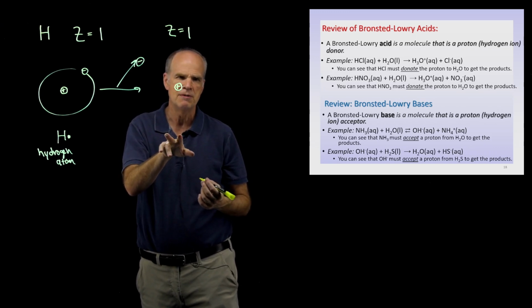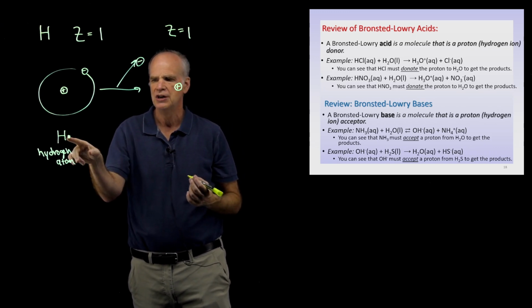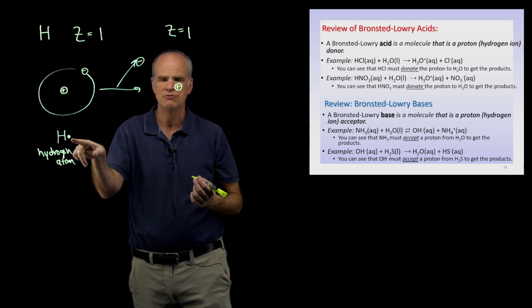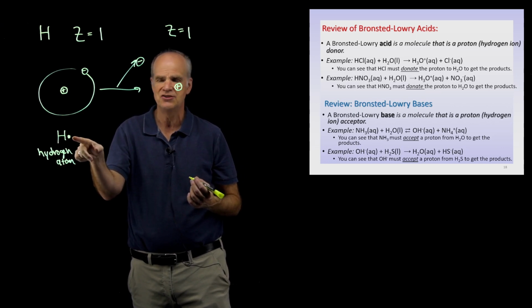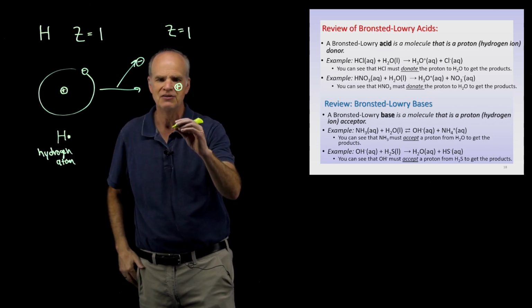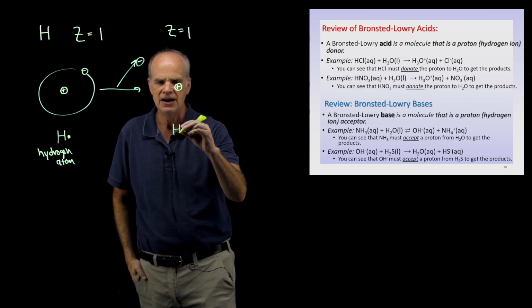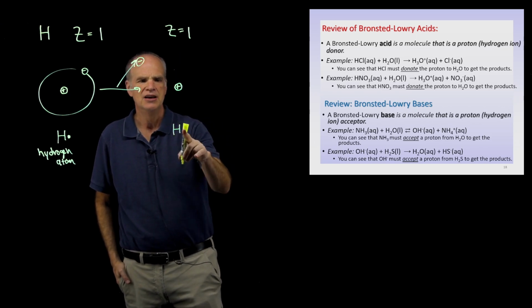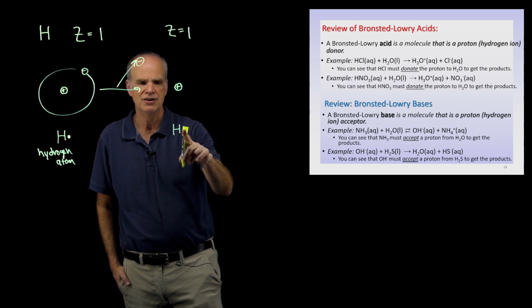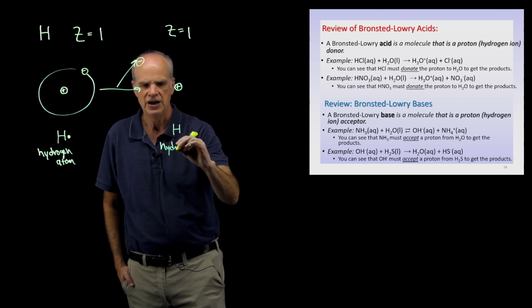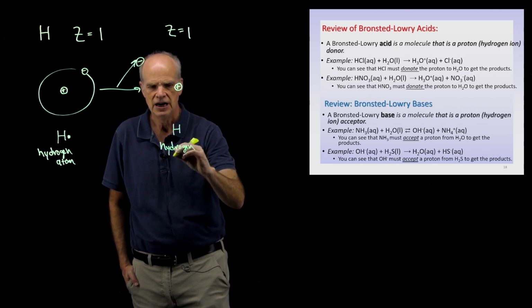So how would we represent this with a symbol? Here we have the hydrogen atom with its one electron, but that one electron goes flying off. So here we have a hydrogen, but the electron is gone, so there's no dot. This is the hydrogen ion.